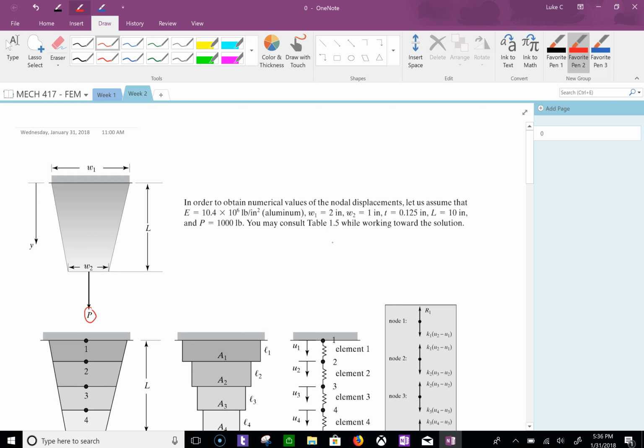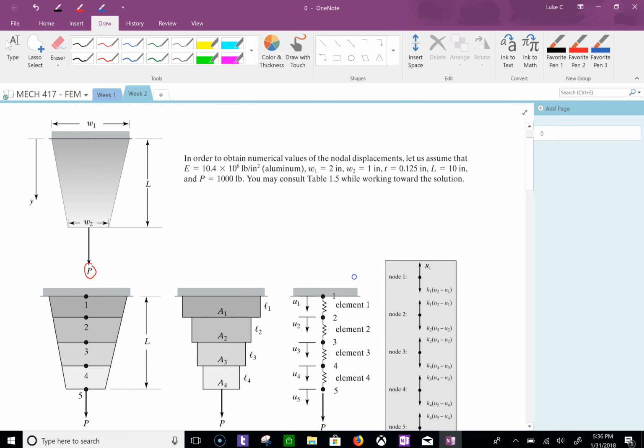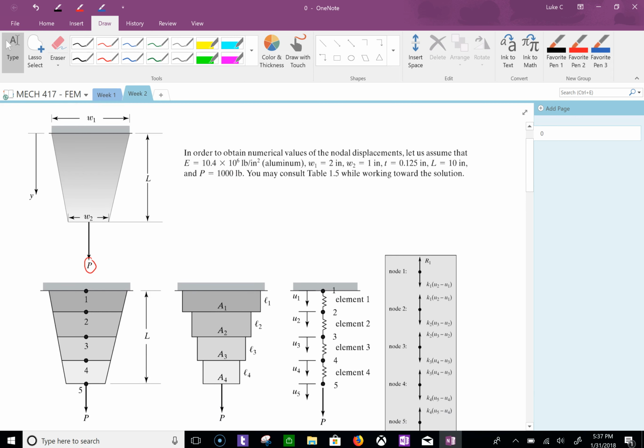Okay, so what we're going to do is get to a solution, and then you could try to solve for it. So the first step in doing these problems is we're going to discretize the solution, or break it up into many pieces. Okay, so we have node 1, node 2, 3, 4, and 5.